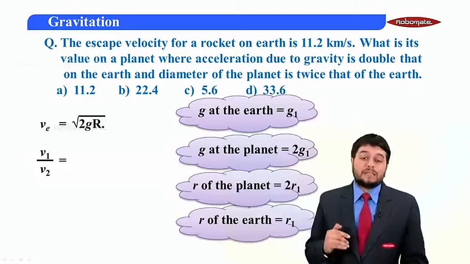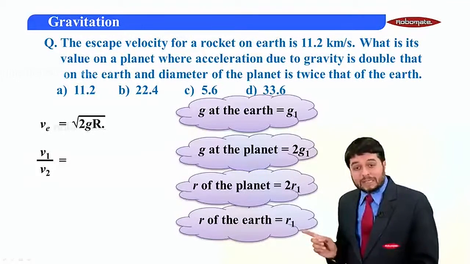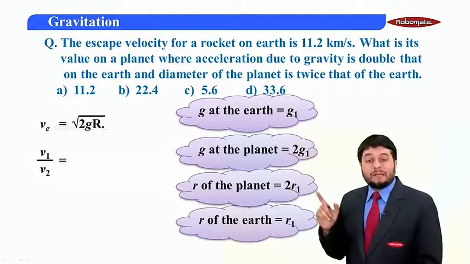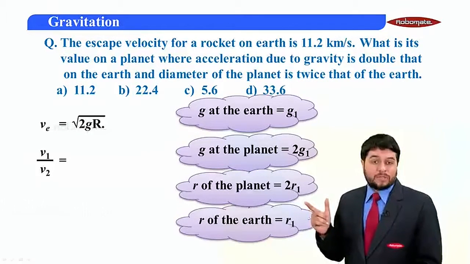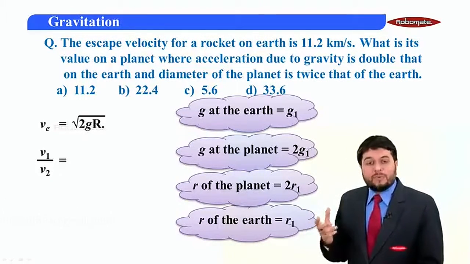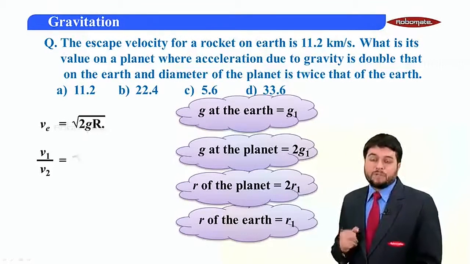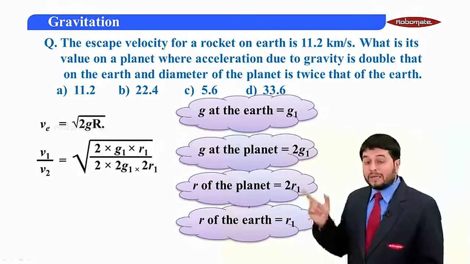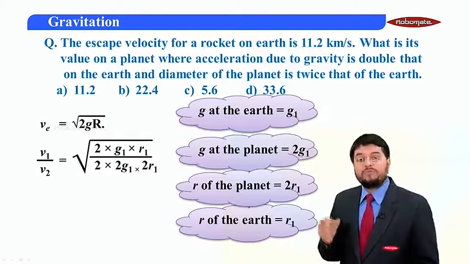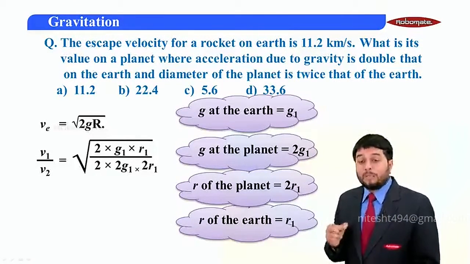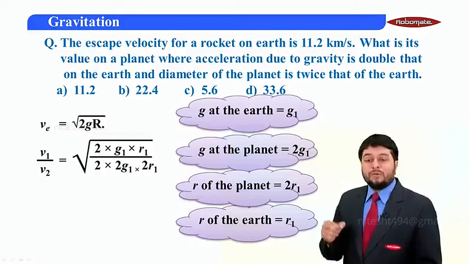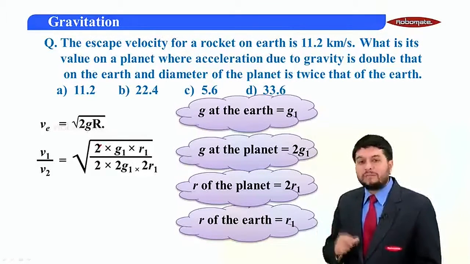Similarly, if I consider the radius of planet Earth as r1, then the radius of the second planet would be twice that of Earth, so it is 2 times r1. Substituting these inside the square root, I get square root of 2g1 into r1 upon 2 into 2 times g1 into 2 times r1.